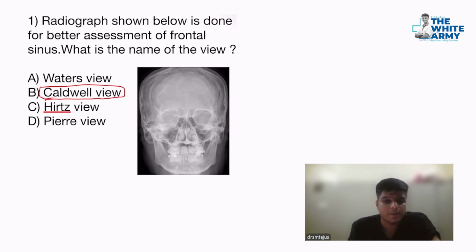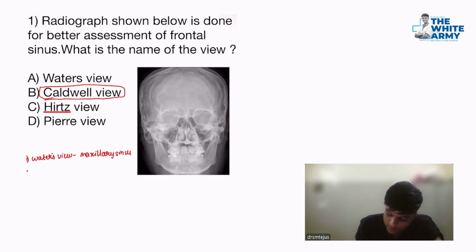We already know that for the frontal sinus, we use the Caldwell view, also called fronto-occipital. Now there's a small division. Waters view is for the maxillary sinus. Hertz view is for the sphenoid sinus.